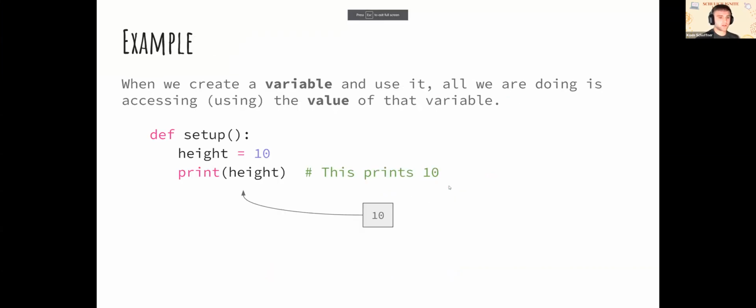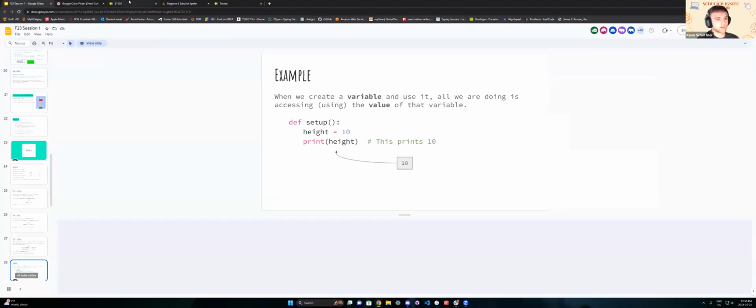So let's move on. We can also use variables as placeholder values within our code. This is just a short example. If we have the setup function here, and we define height to be 10 and print height, then this is going to just print 10 in our console. Here I can show you a quick example.